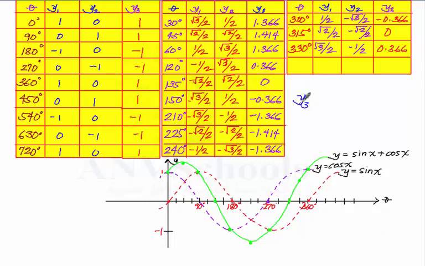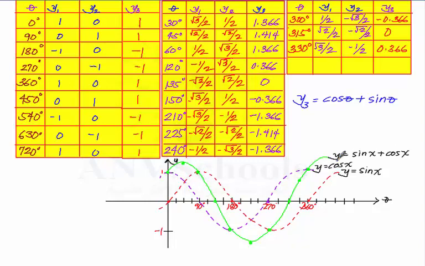Our y3, which is equal to cosine theta plus sine theta, is in green. Take note that we have the highest point here at 1.414. This is for one revolution, it goes from 1 to 1.366 and then going here. Okay, so it goes like this.